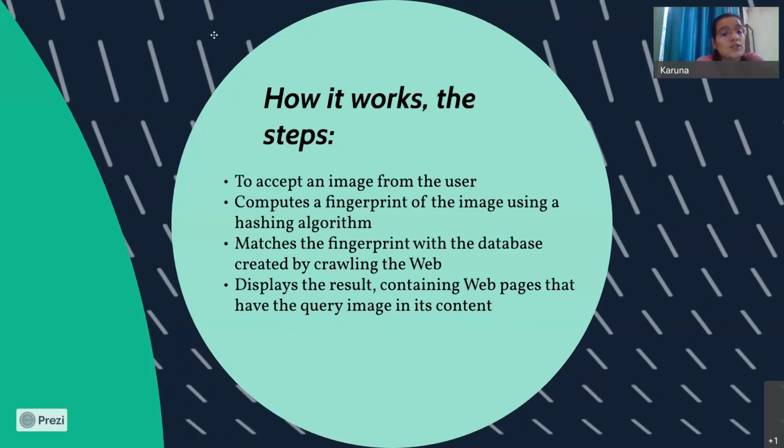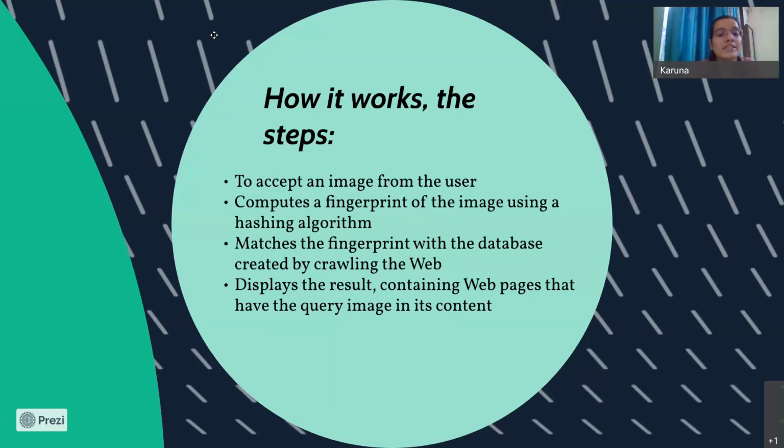Then what we do is we crawl the web pages and create a temporary database of all the individuals' profile pics which are available, and we compare them, we match them. We match the hash of our image to be searched, or a person to be searched, with the image which is available on the internet as and when we scroll.